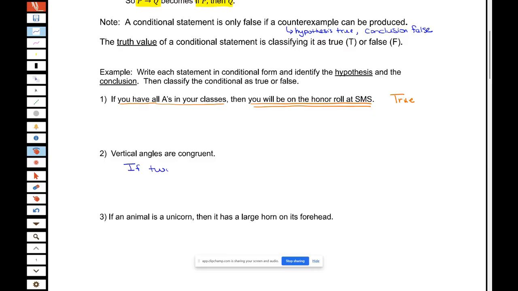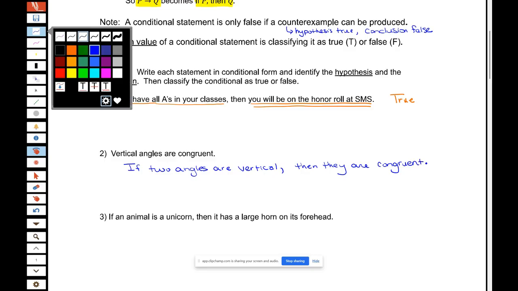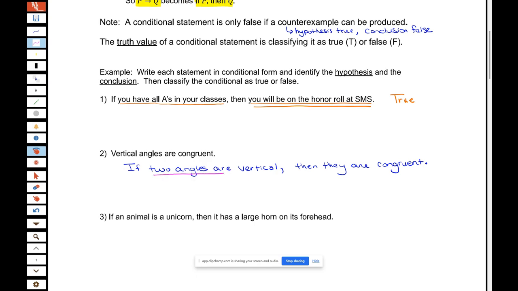If two angles are vertical, then they are congruent. Now I can identify the hypothesis and conclusion. There's our hypothesis, two angles are vertical. There's our conclusion, they are congruent.